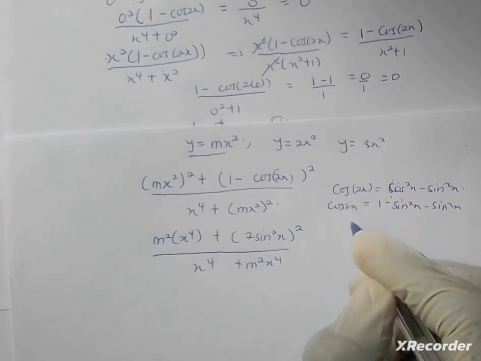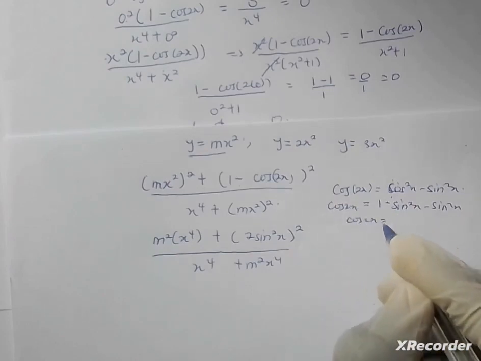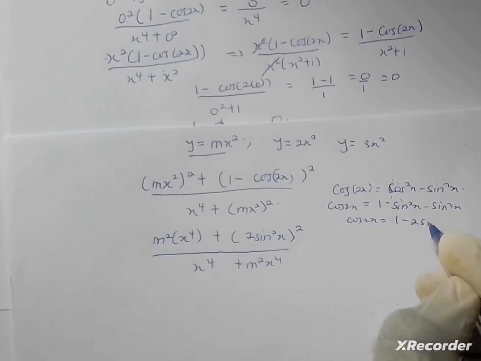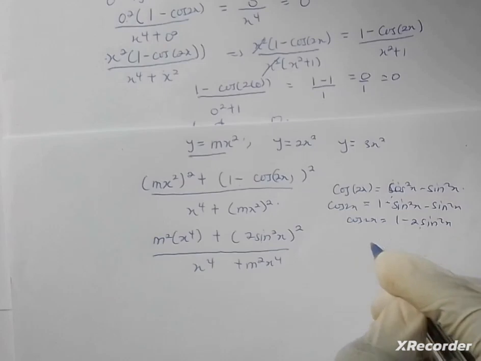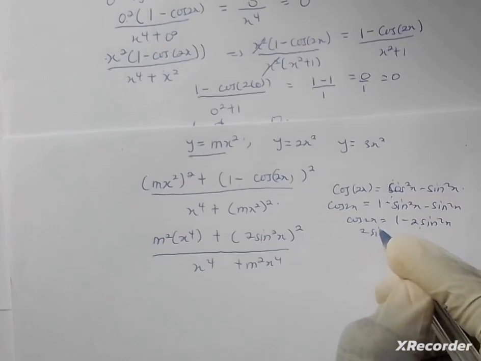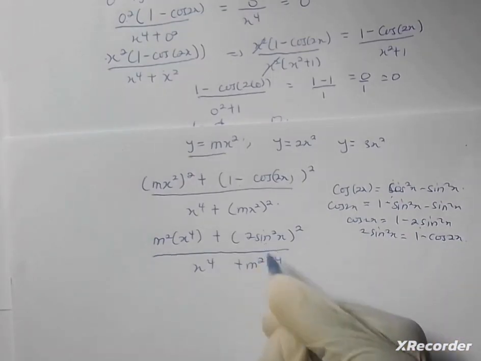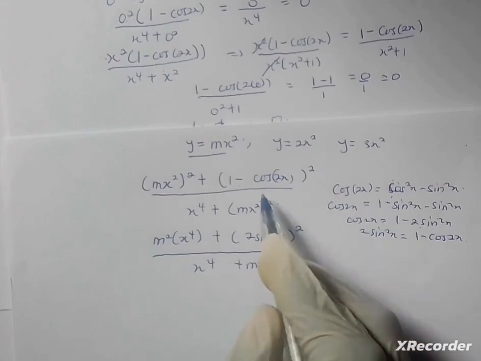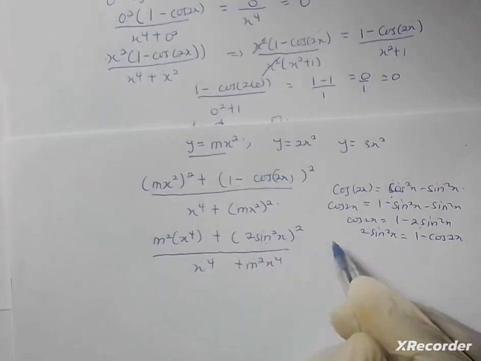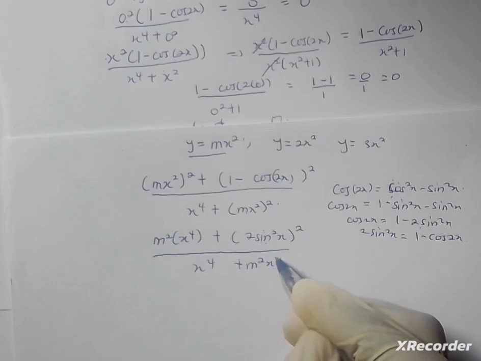So from here I'm going to get cos 2x equal to 1 minus 2 sine squared x. Then I'm going to make 2 sine squared x the subject, which will give me 2 sine squared x is equal to 1 minus cos 2x. Then I can make the substitution here. So now you know why 1 minus cos 2x is the same as 2 sine squared x.